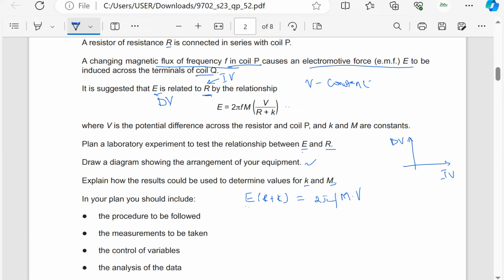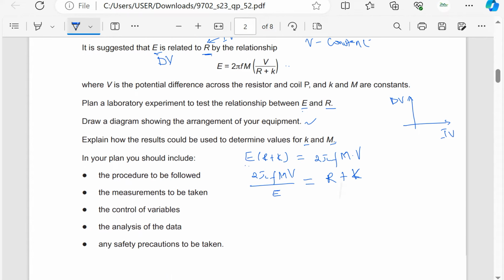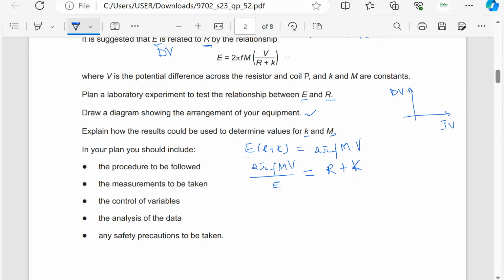So straight away I'll take E the other side, so it will be 2 pi F M V divided by E should be equal to R plus K. So again I will remove 2 pi F M V. So when I divide both sides, I'll remain with 1 over E is equal to R divided by 2 pi F M V plus K divided by 2 pi F M V.